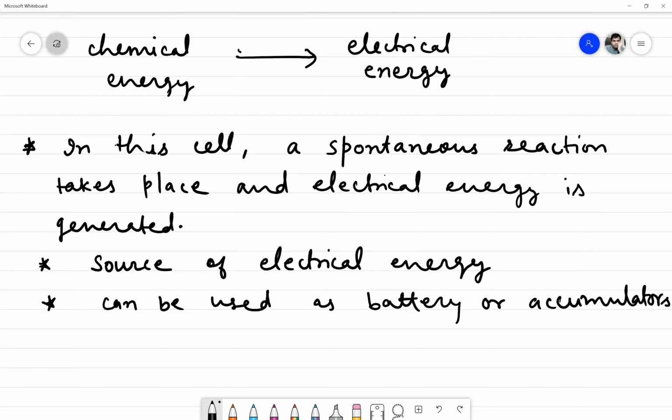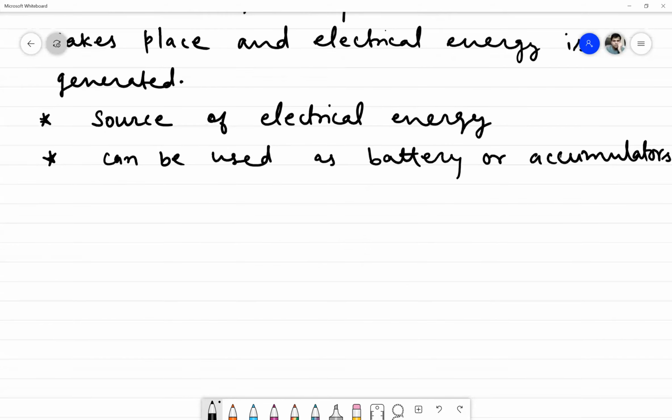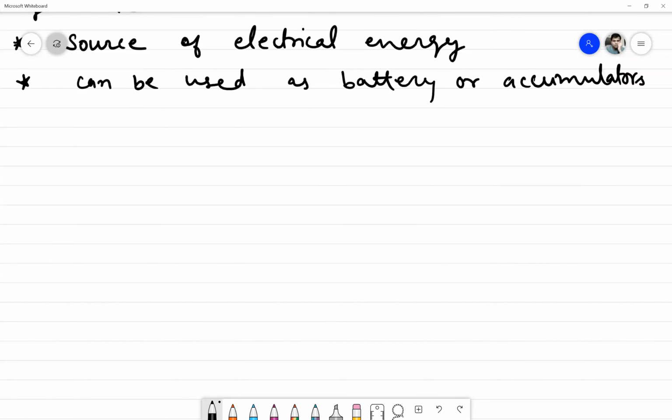Okay, now we'll have a look at the different components of galvanic cells, the composition or structure of galvanic or voltaic cells. Before starting this, I would like to give you some examples.